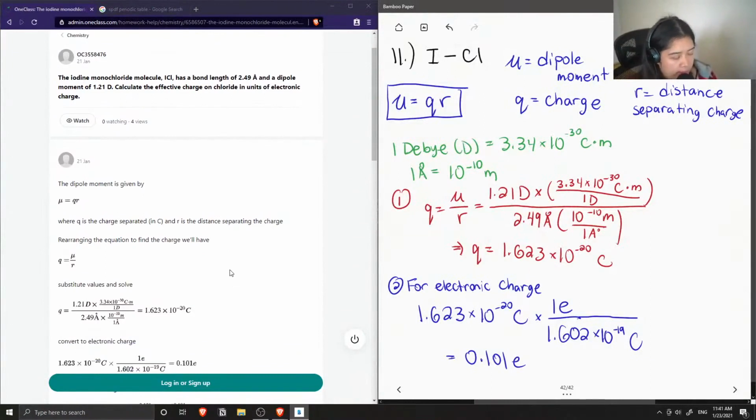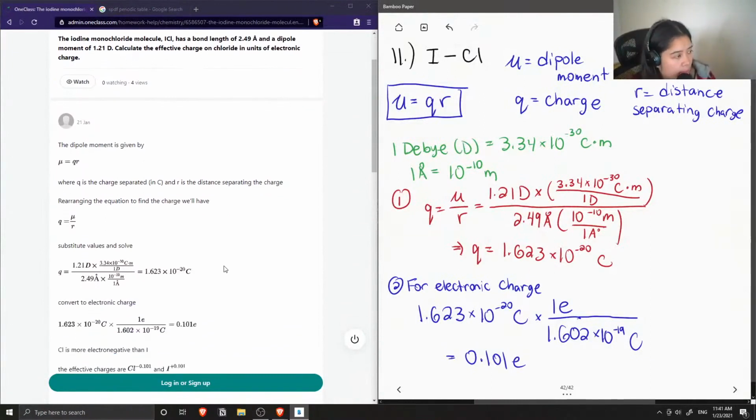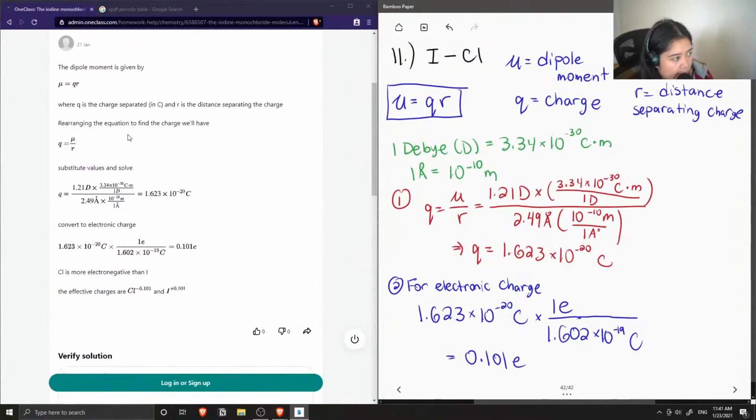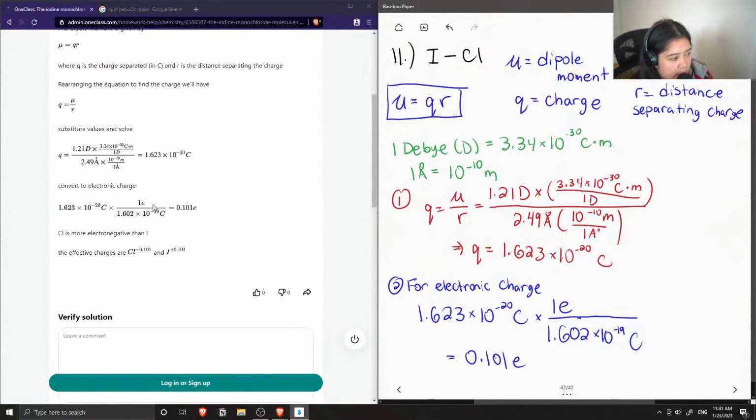So now let's see what the junior tutor said. Dipole moment is given by μ is equal to QR. Q is the charge in coulombs, and R is the distance separating the charge. Rearranging the equation to solve for the charge, they also got 1.623 times 10 to the negative 20.